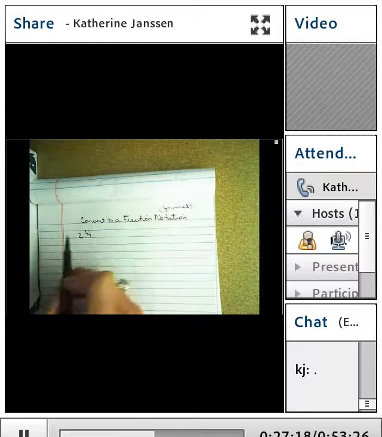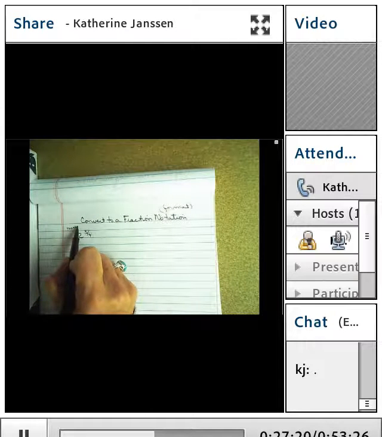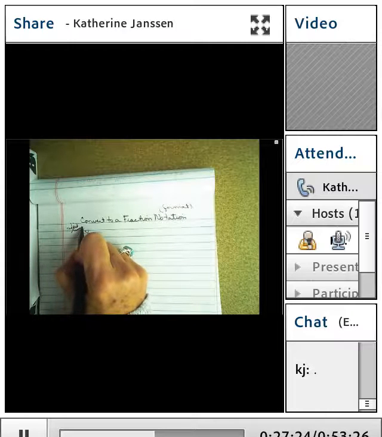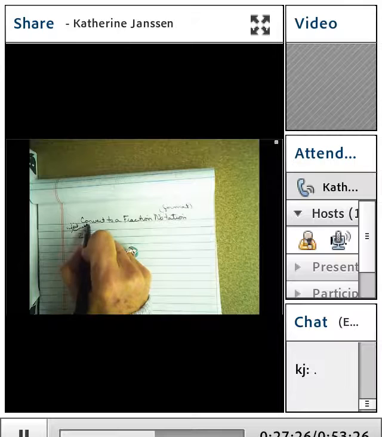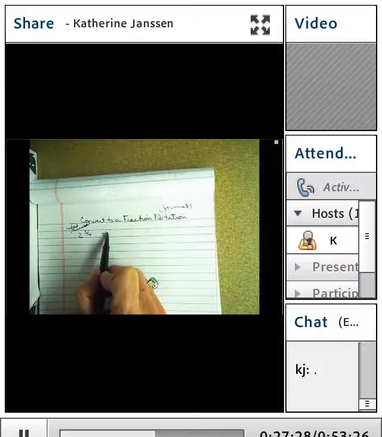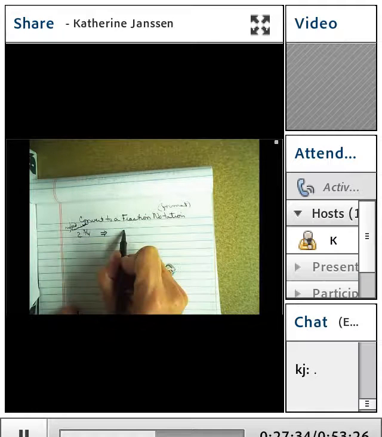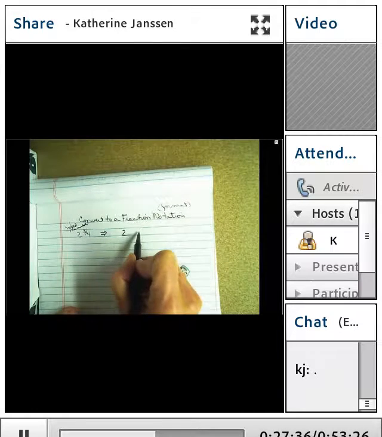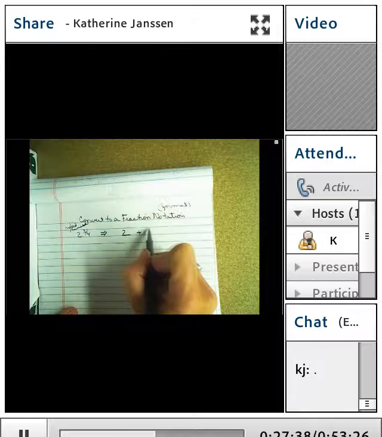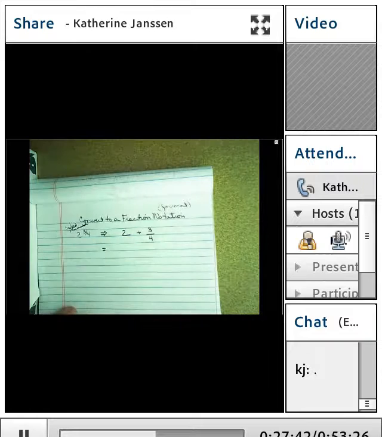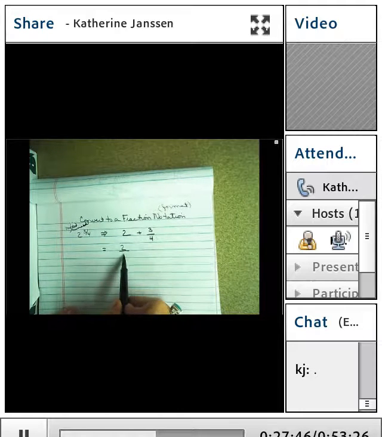This is in mixed numeral format now. And we want to convert it to its equivalency in fractional notation. So I know I have 2 plus 3/4. 2 is a whole number. I can write that as 2 over 1 plus 3/4.